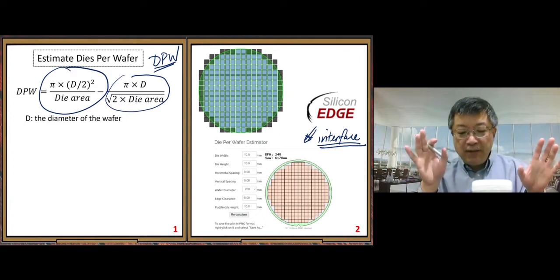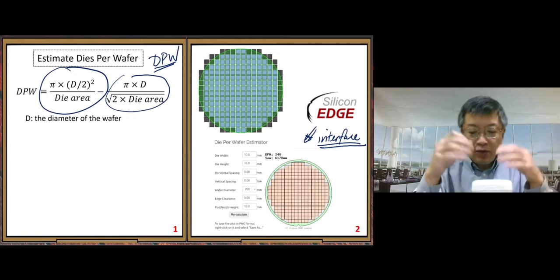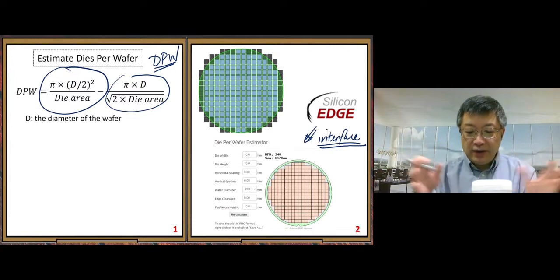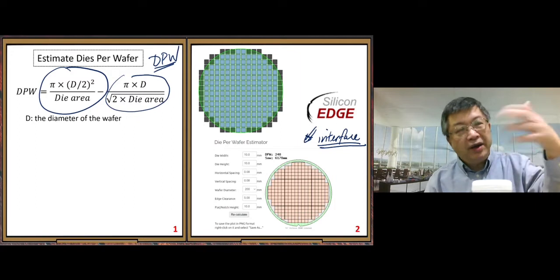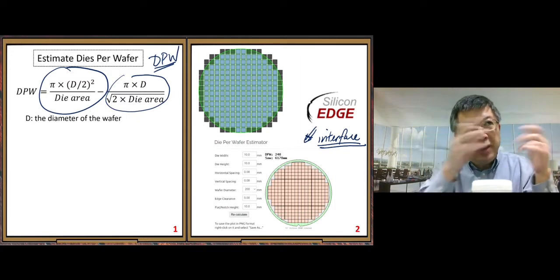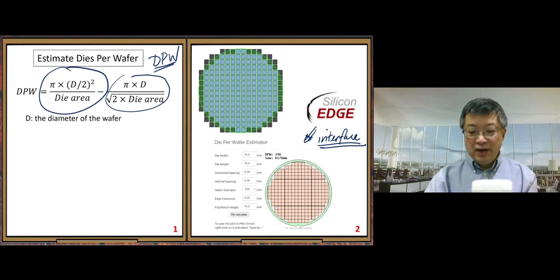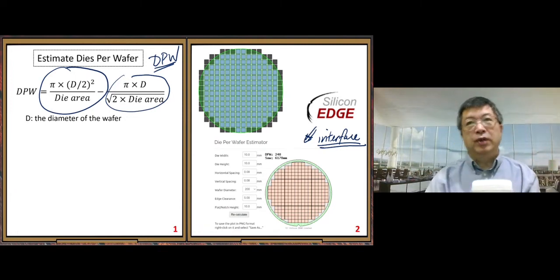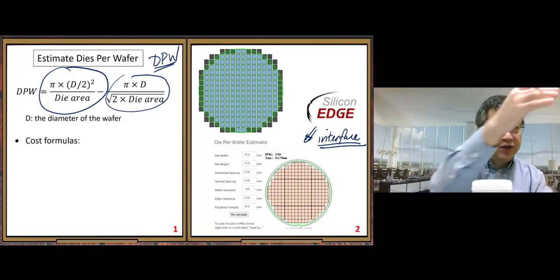This time you can use the rectangle shape die, with width and height. All the parameters you can set, and the tool can give you the best possible estimate. Here I just let you know this tool.